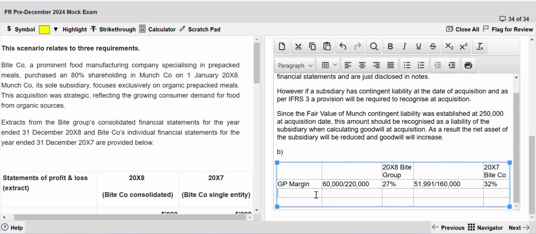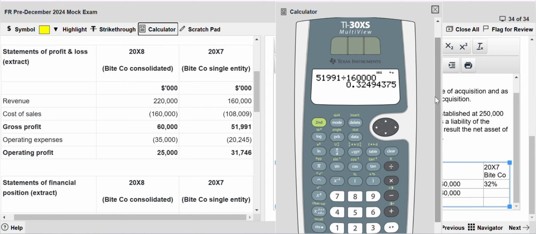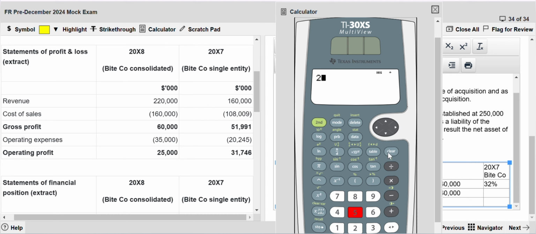Operating profit margin. Operating profit is 25,000. So 25,000 divided by 220,000, and then 31,746 divided by 160,000. 25,000 divided by 220,000 is 11.3 percent.